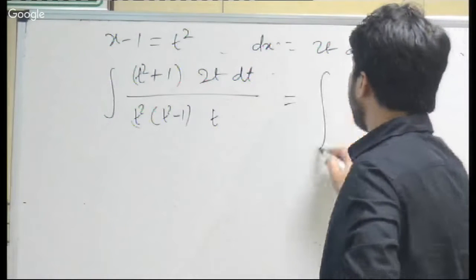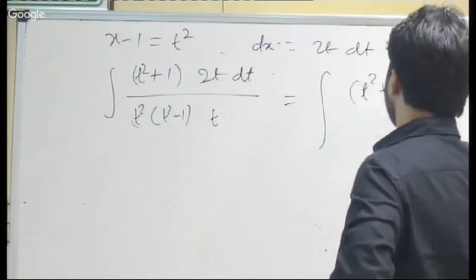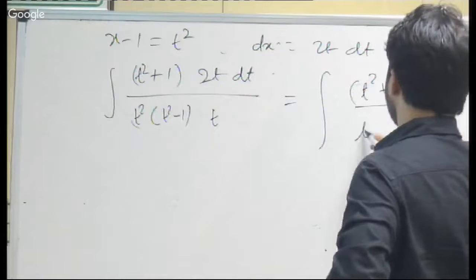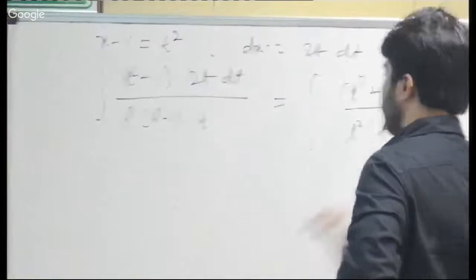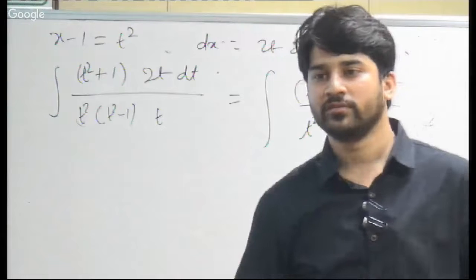Now I got something like (t square plus 1) dt upon t square into (t square minus 1), right? How to solve this question?